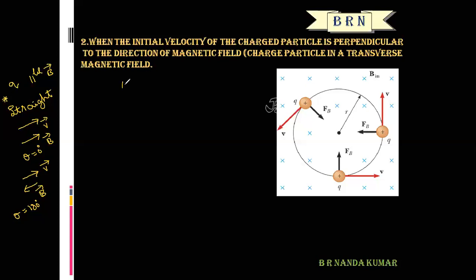What is the mathematical expression for Lorentz magnetic force? That is qvB. So if a charged particle enters a perpendicular uniform magnetic field, the charged particle describes a circular path.